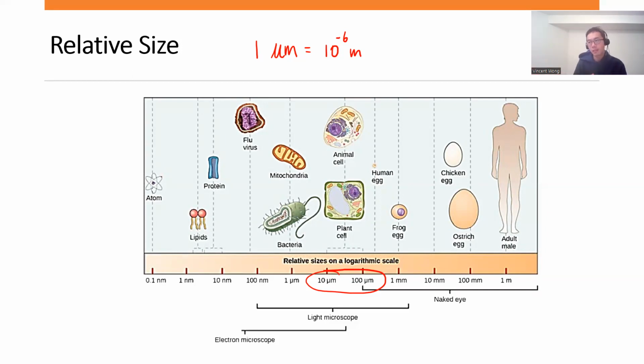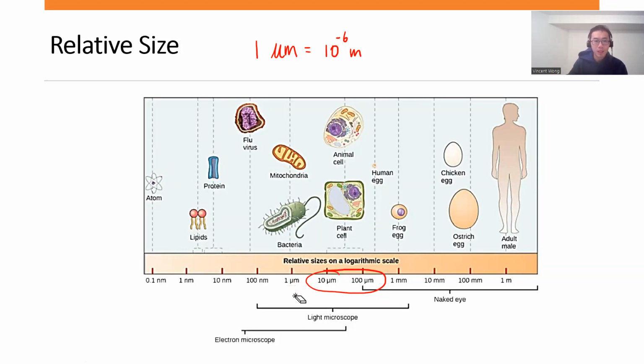Muscle cells are also quite long. Others are much, much shorter. And inside animal and plant cells, you will have organelles, like I said, that help them perform function. Those are just a little bit over 1 micrometer.